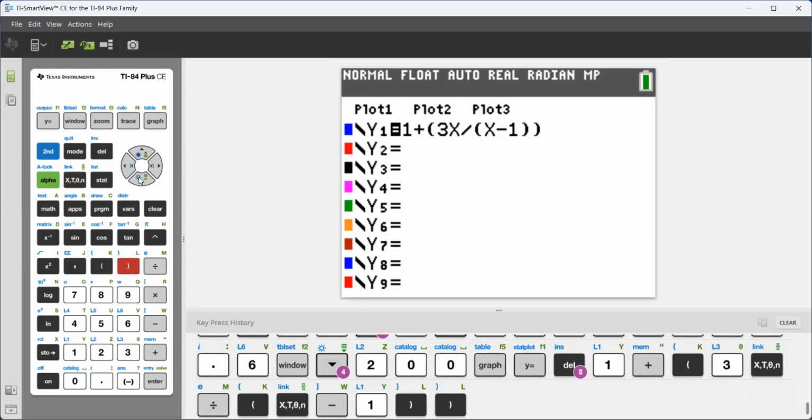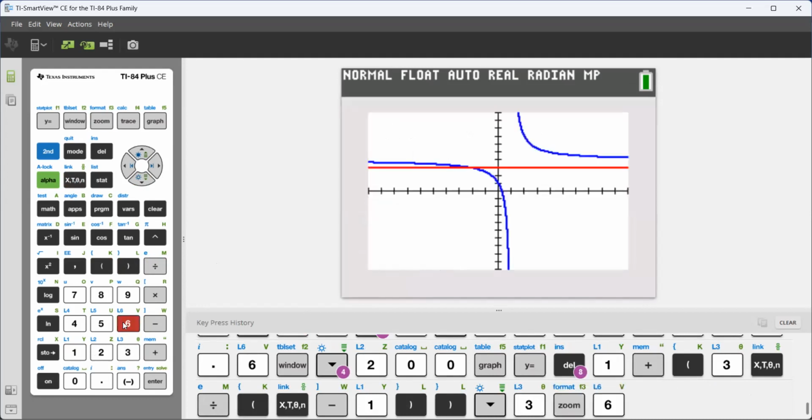And then my y2 is going to be 3. I'm just going to use the standard window and see what I get.